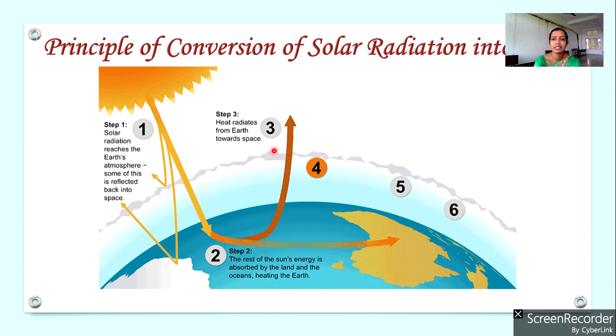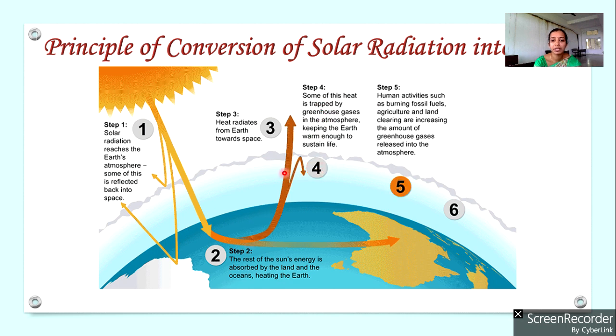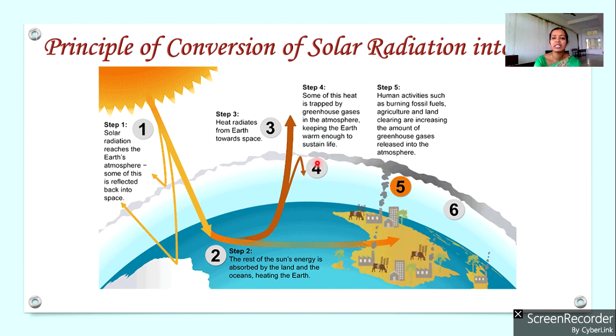The heat radiates infrared radiations, and a part is lost to the atmosphere, and some of this heat is trapped by the greenhouse gases, which re-emit it back to the earth.